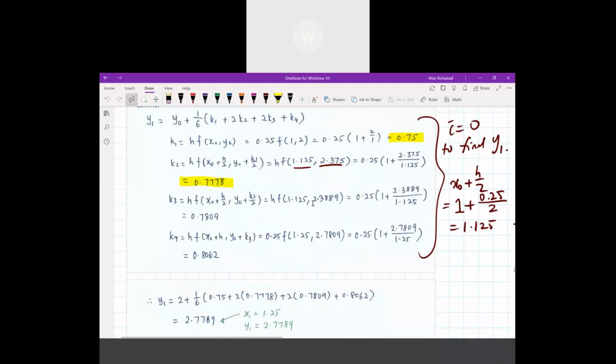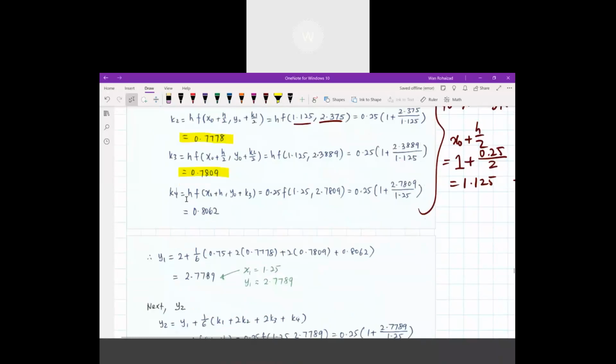So we have 2.388. Substitute into f, or y prime. So we have k3 equal to 0.78009. And last we can calculate the value for k4.